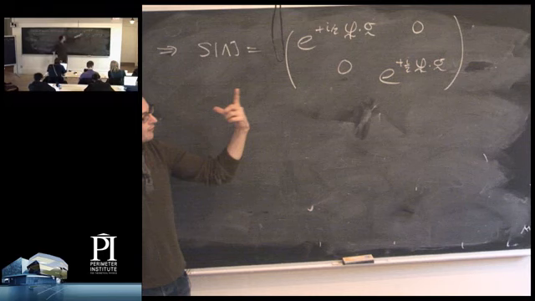So what is this telling us? We have a 4-component Dirac spinor. This is telling us if we rotate by an angle var phi, this is how you act on that particular spinor. Okay? Is this clear? No? Yeah?